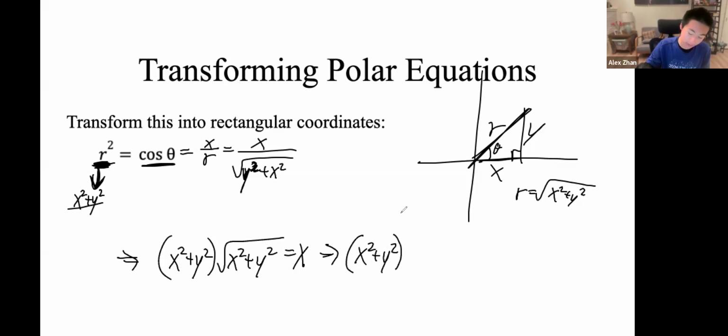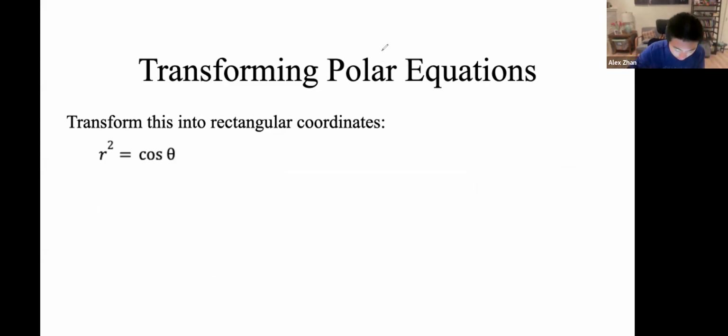If you square both sides, you get this is equal to x squared. Either way, for this equation, we can just transform it into this and leave it like this. This one doesn't necessarily have a very good form, but the next one will.